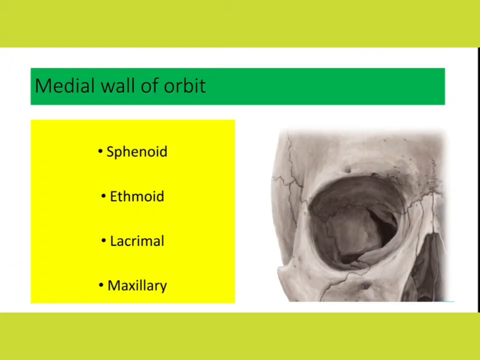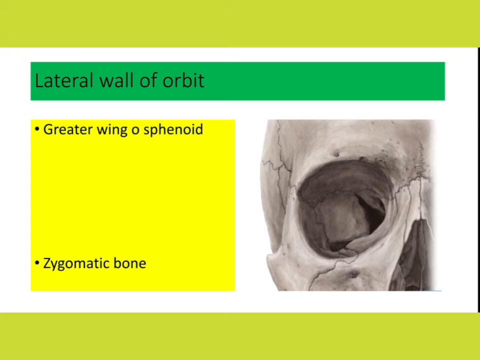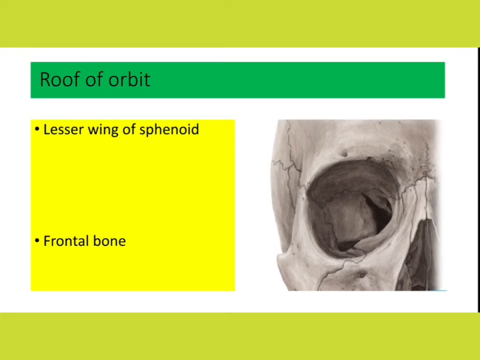So let's move to the medial wall of the orbit. The medial wall of the orbit is made by the sphenoid bone, ethmoid bone, lacrimal bone and maxillary bone. Sphenoid here means the lesser wing of sphenoid. The lateral wall, or temporal wall, of the orbit is made by the greater wing of sphenoid and the zygomatic bone. The roof of the orbit, that is the superior wall, is made by the lesser wing of sphenoid and the frontal bone.